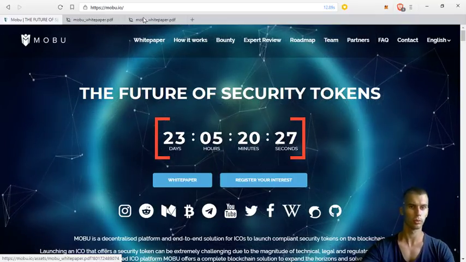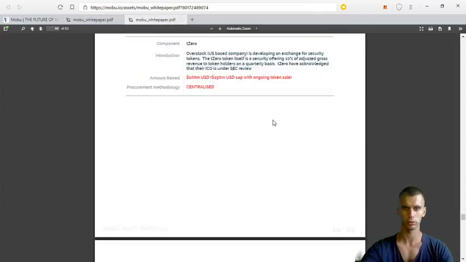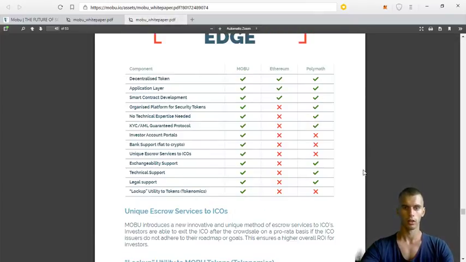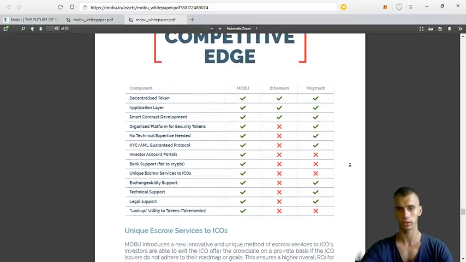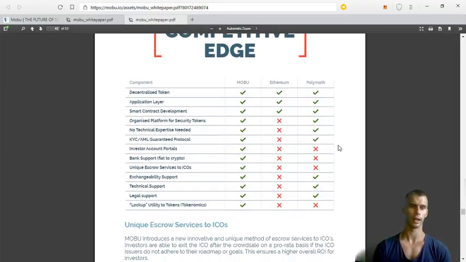Now, is Mobu the only one trying to do this? Well, no. There are several other projects working on helping launch security tokens. One of them mentioned here is Polymath, to which they compare it.